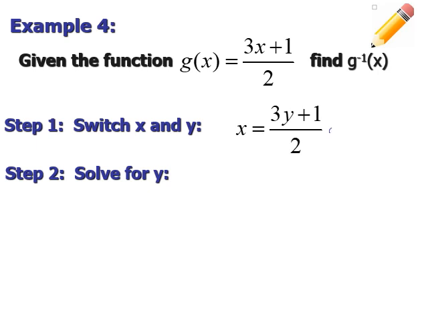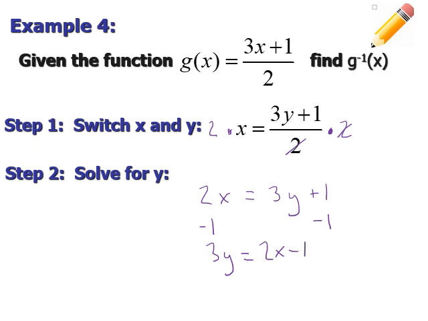Now, in order to do that, I get rid of this 2 in the denominator by multiplication. I've got 2x equals 3y plus 1. Remembering I'm solving for y, so I'm going to get rid of this constant, minus 1. I'm just going to flip all this at one time, so 3y equals 2x minus 1.